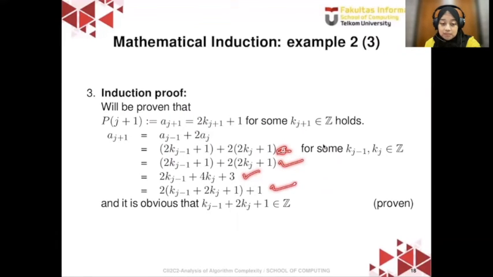And because k_{j-1} and k_j are integers, this will always be an integer. So this is 2 times some integer plus 1, so we can say that a_{j+1} is an odd number as well. So it is proven that a_{j+1} is also an odd number.